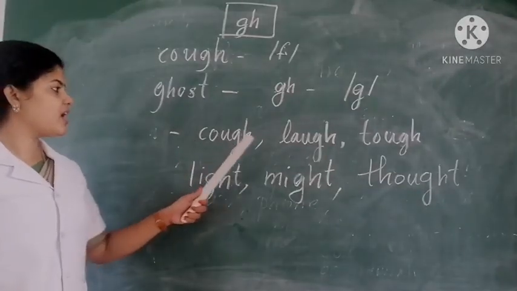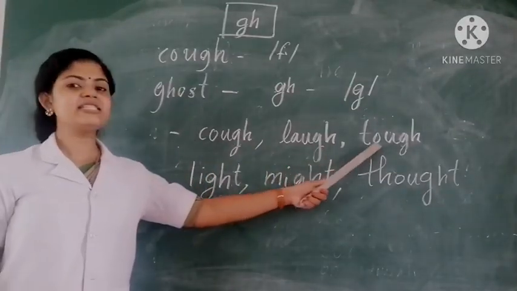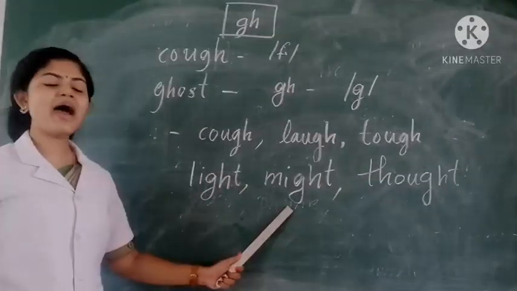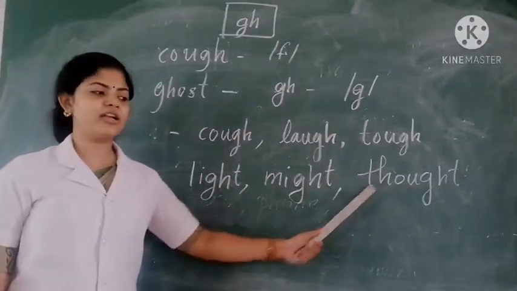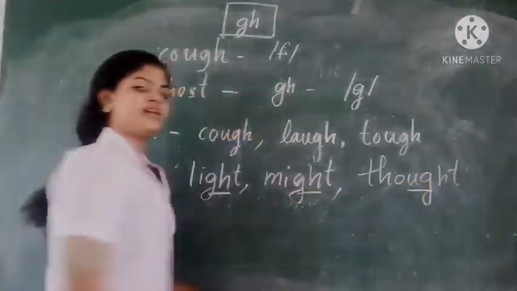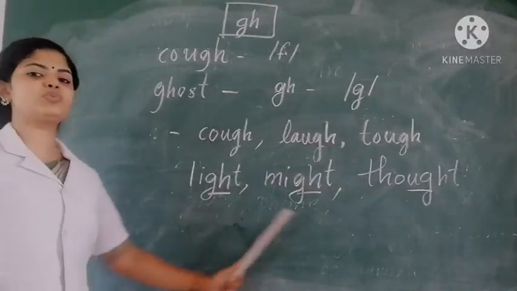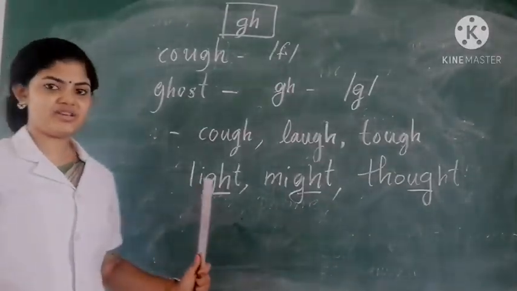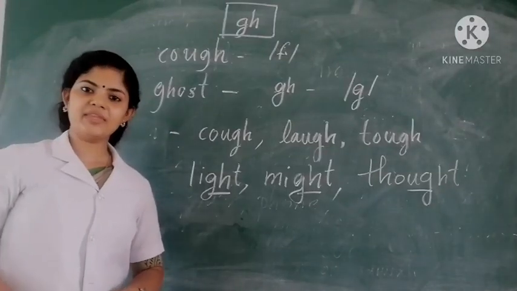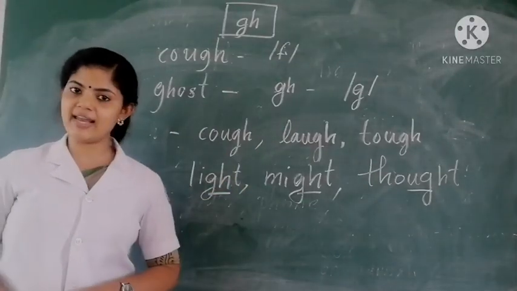Tough, laugh, tough, light, might, thought. Here you can see these letters are silent in these words. Light, might, thought. Okay, that's all about G and H.